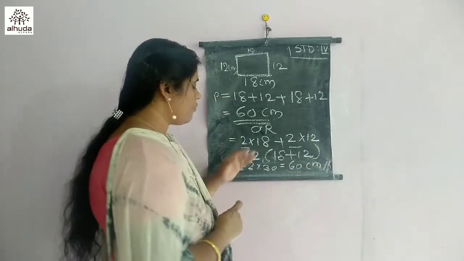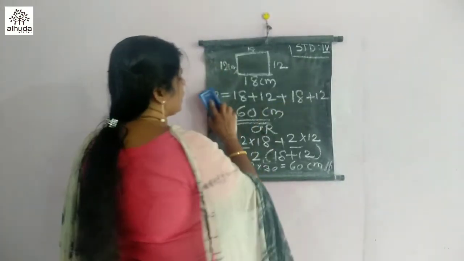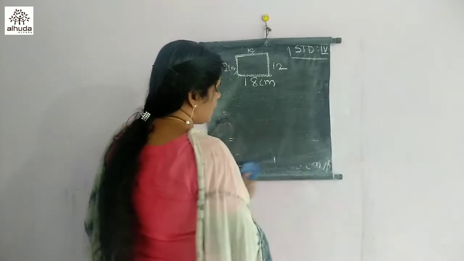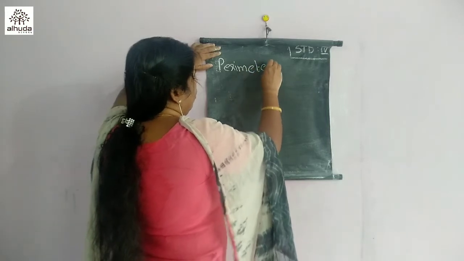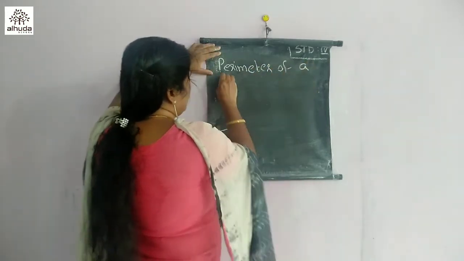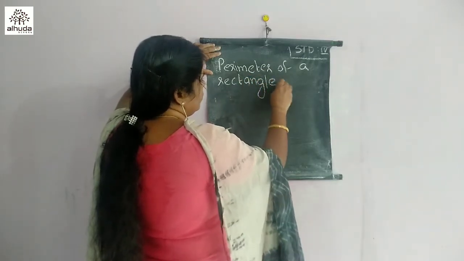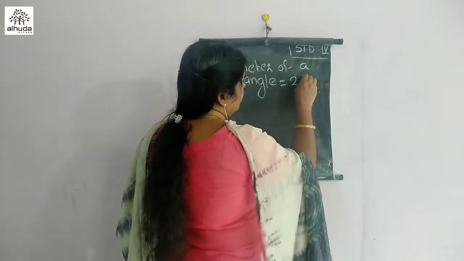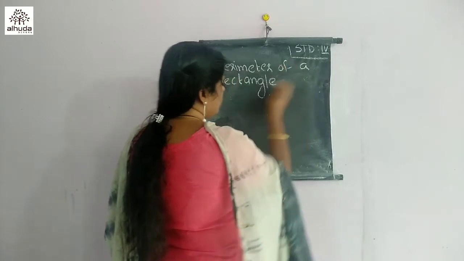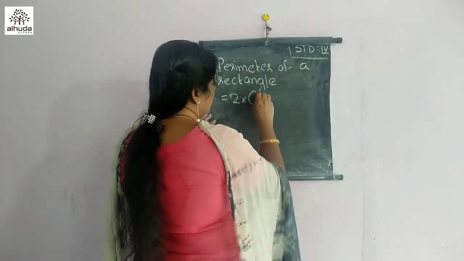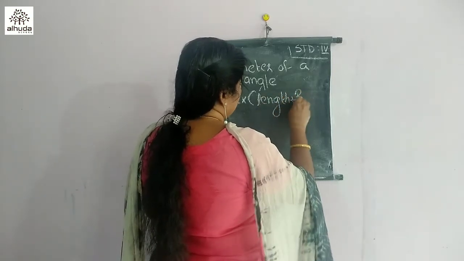So here from this question we can make a formula for this. The perimeter of a rectangle is equal to, it's an equation for that. Perimeter of a rectangle is equal to 2 into (length plus breadth).